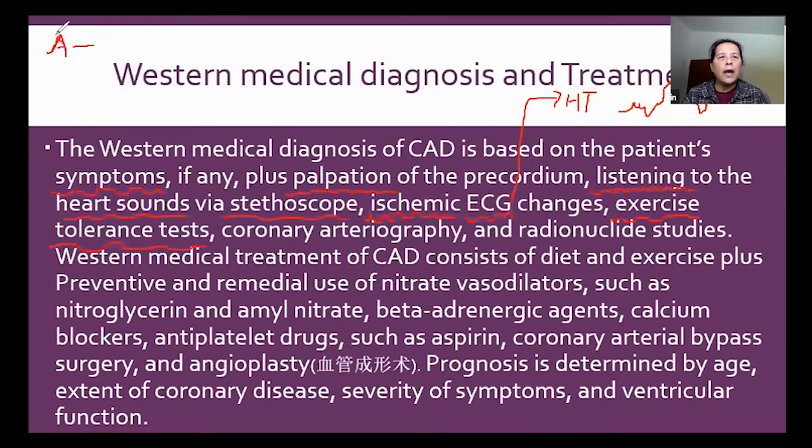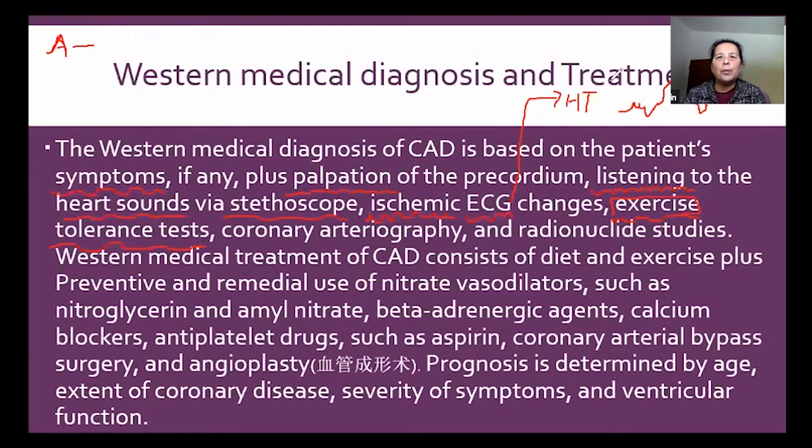But if part of the coronary artery is blocked, they can't get enough oxygen, especially after exercise, and that triggers the problem. Then we do an ECG, and we can record it.